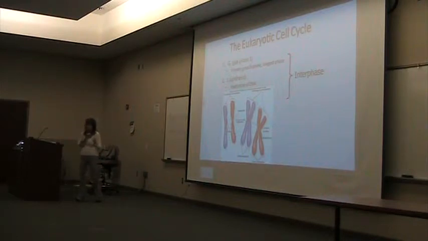Sometimes mistakes happen, but we're trying to avoid that. As a result of replication, we get 2 copies of each chromosome that are now called sister chromatids. They're connected with each other via a centromere, and now we've got homologous chromosomes, meaning one copy from mom, one copy from dad, that each have an exact duplication of two sister chromatids held together.